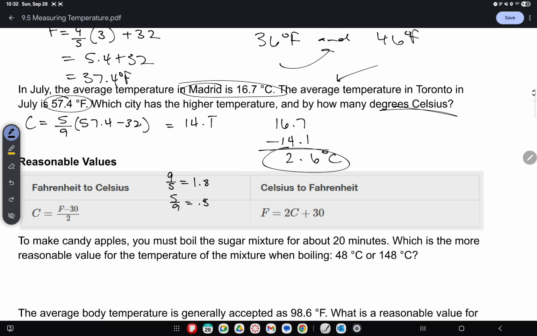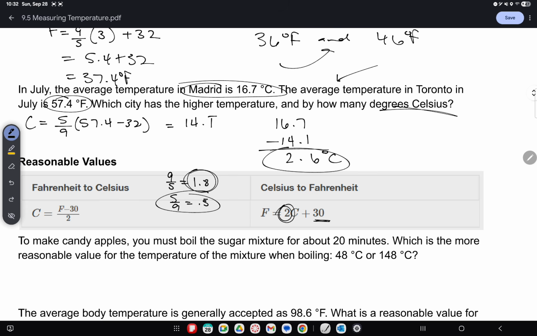So 1.8 is about 2. 30 is about 32. And then here, if I separated that, that's 1/2 Fahrenheit minus 15. But 1/2 is close to that 0.5 repeating. And then 30, again, is close to that 32.